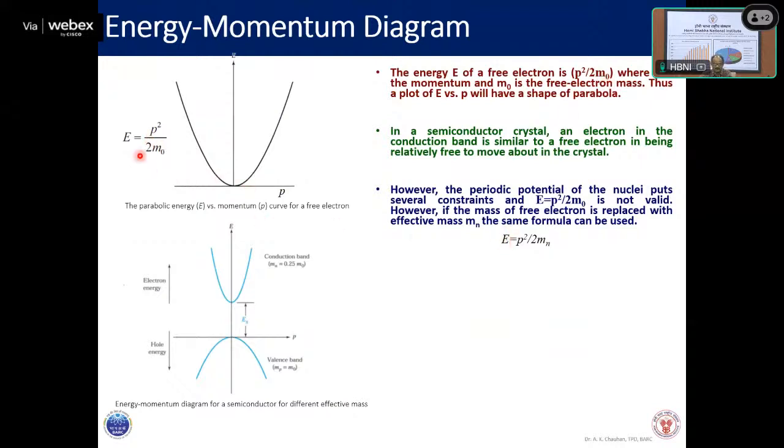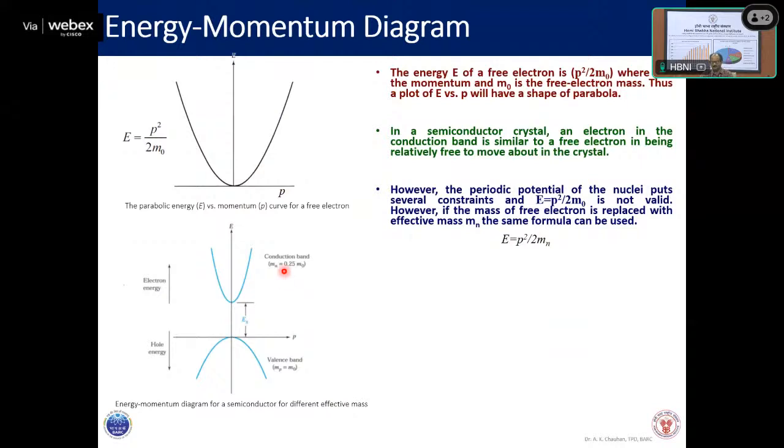Rather than taking this m0, the free electron mass, we replace it with an effective mass. When the electron is inside the allowed region, the effective mass is equal to the mass of a free electron.